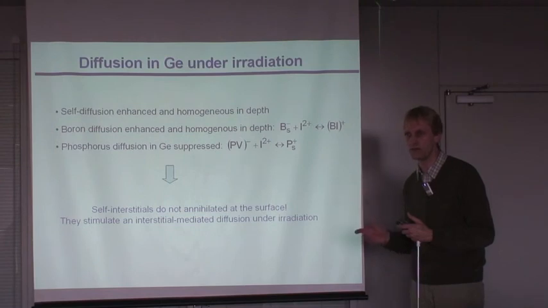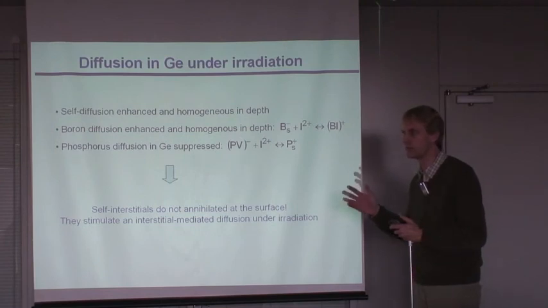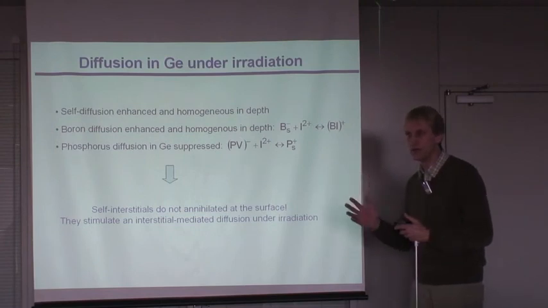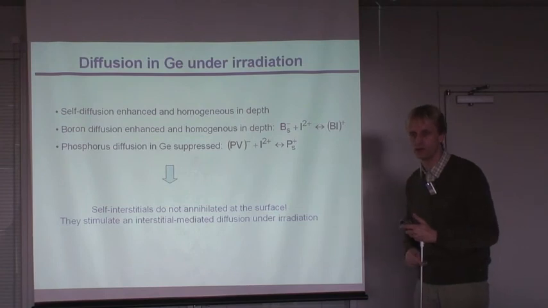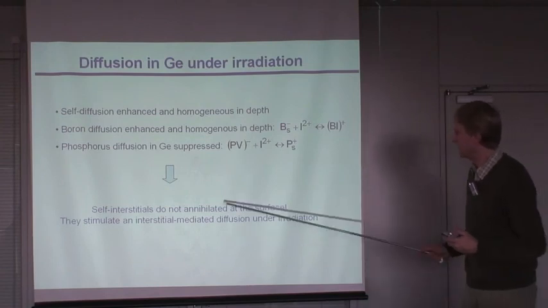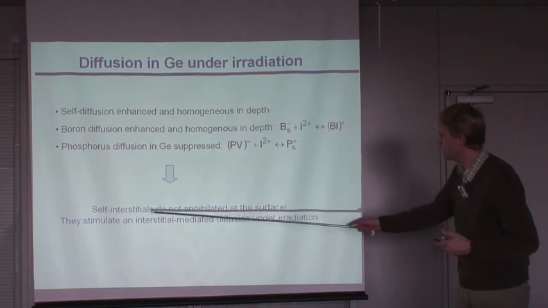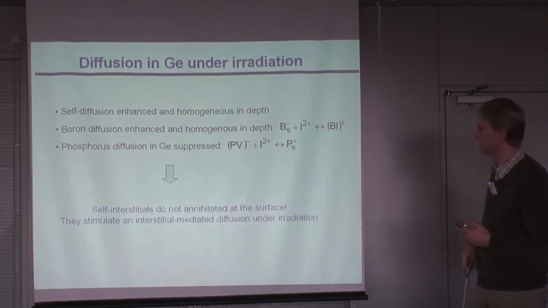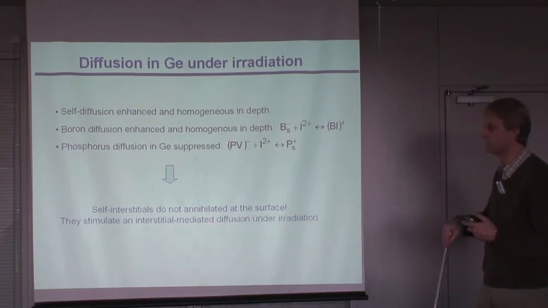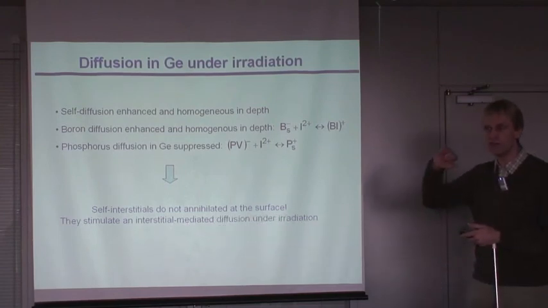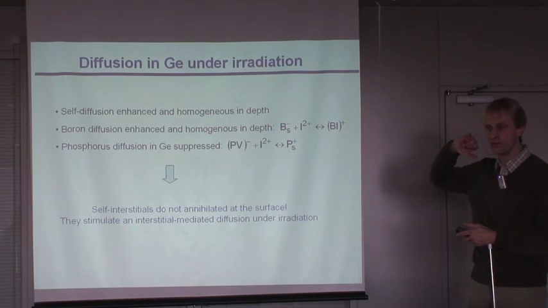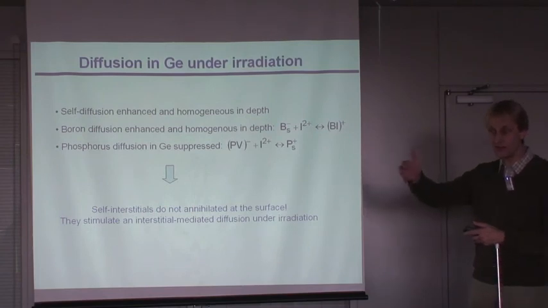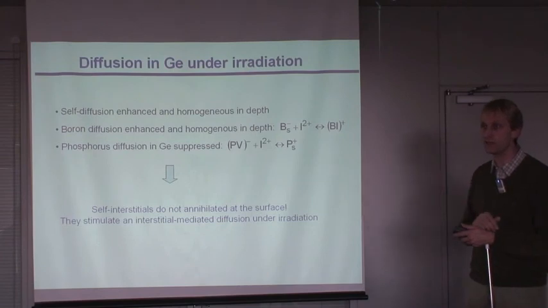What may be the reason that the self-interstitials, if they are created in the bulk, would not go to the surface? And as a consequence of that, the self-interstitials avoid the surface and stimulate an interstitial-mediated diffusion under irradiation. So in the case of germanium, under thermal equilibrium everything is going by vacancies, and under non-equilibrium conditions everything is going by interstitials.